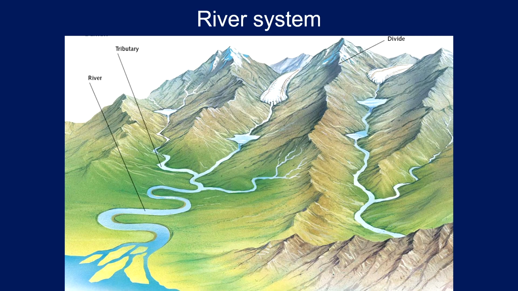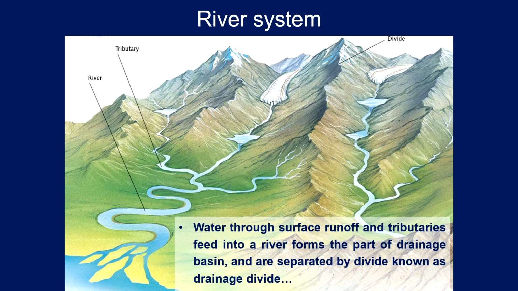Okay, so the river system, as we have been discussing, has multiple tributaries which will join the trunk stream, and that will form the higher order stream or the basin. Okay, so water through surface runoff and tributaries fed into a river forms part of the drainage basin, and basins are separated by divides known as drainage divides.